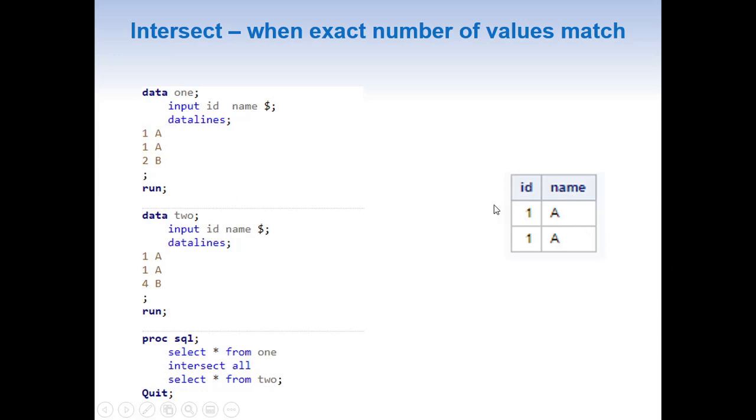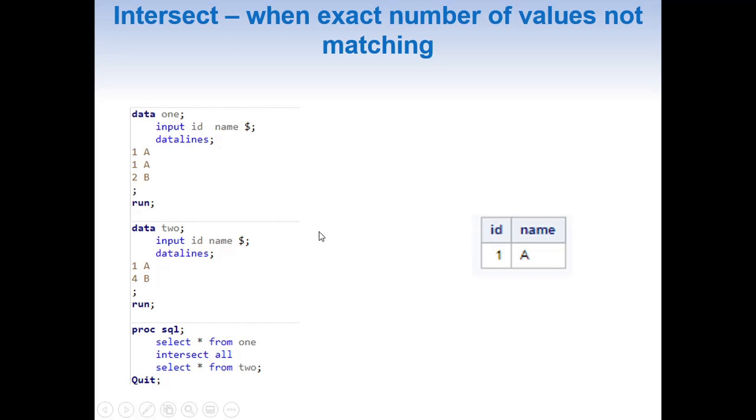That's what we see in the result. And there is a 1A for this 1A as well. So to understand intersect, the exact number of values should also match in both the data sets.